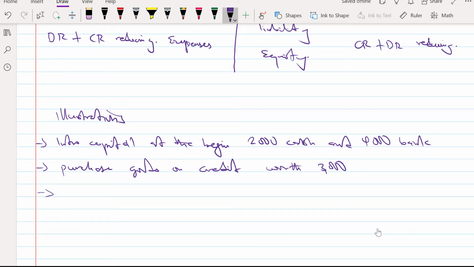We also have purchased goods with cash of 2,000 and bank of 15.